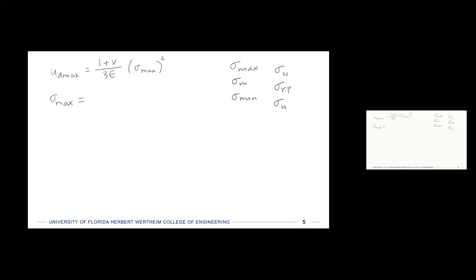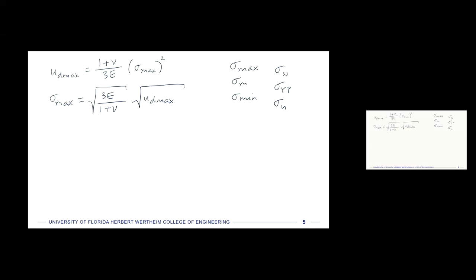We're just going to put everything on the other side and take the square root. So we will come up with the square root of the inverse of that coefficient times, and I'm just going to keep it separate for terminology's sake, the square root of the maximum distortion energy. Okay, so far so good.